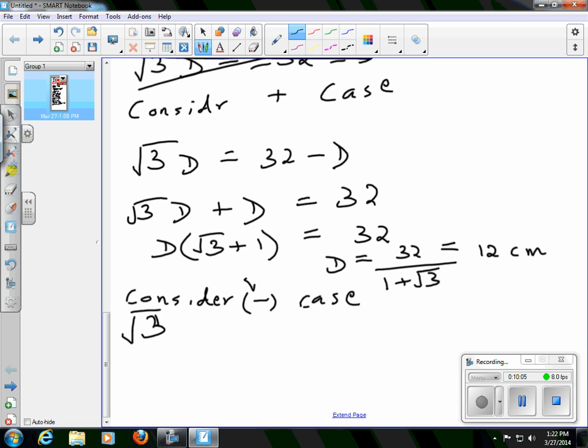Okay, and then consider the next case, the negative case. How do you consider the negative case? You put the negative sign here.